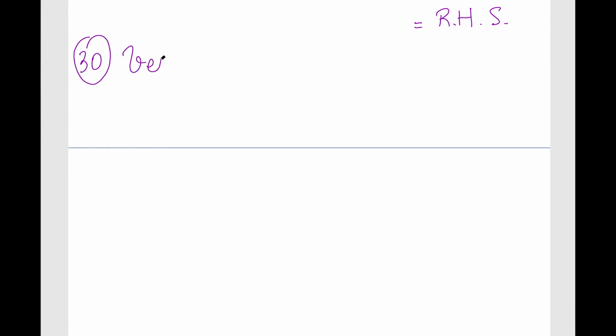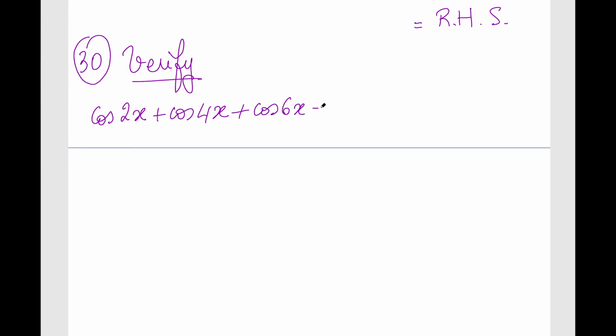We want to verify that cosine of 2x plus cosine of 4x plus cosine of 6x is equal to 4 cosine x cosine of 2x cosine of 3x minus 1.